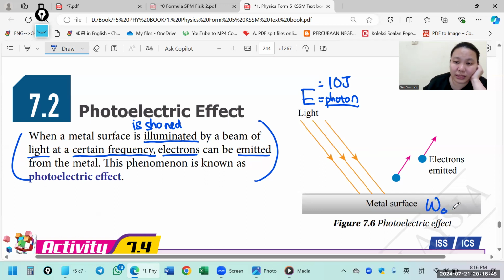Let's say 4 joules of energy is used to break the bond, we call it work function. And it will be released with 6 joules of kinetic energy. So you can see energy cannot be destroyed, because before 10, after 6 plus 4, still 10. They just change from one form to another.